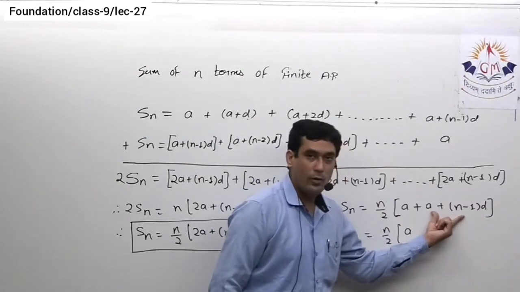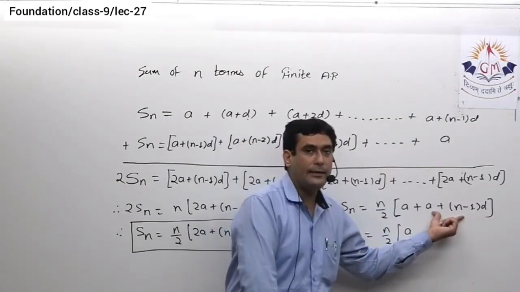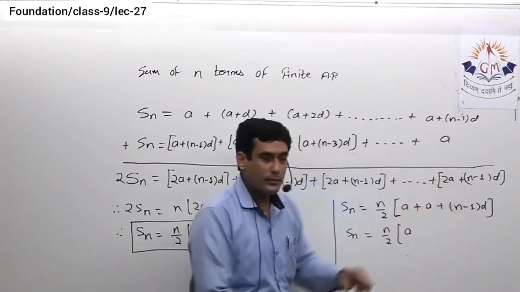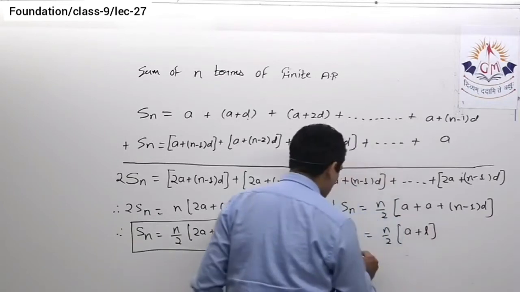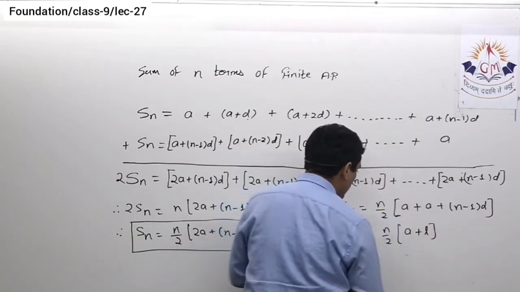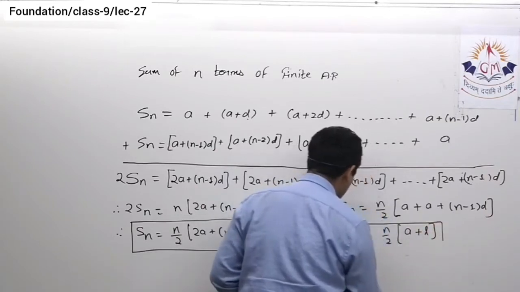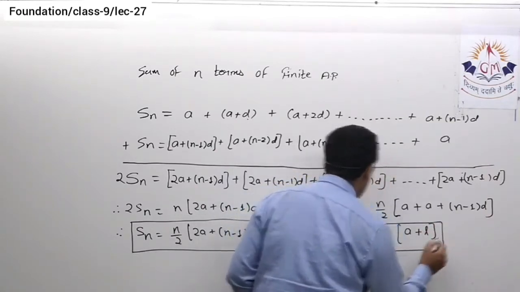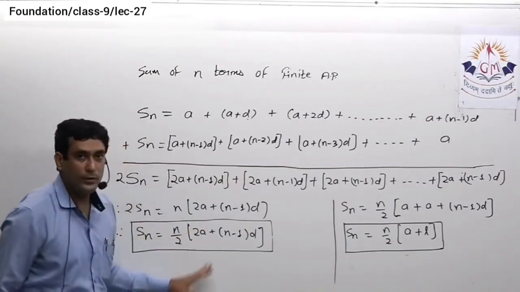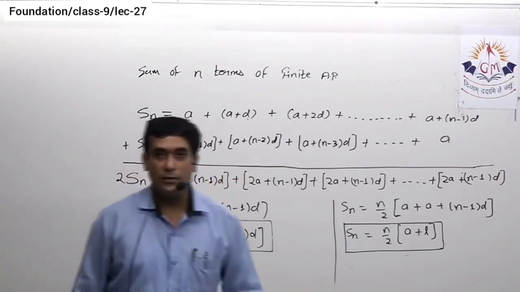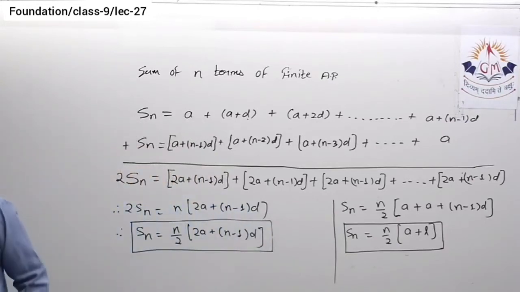As the AP has exactly n terms, the nth term will be the last term, so I can replace this by L. So this is also a formula: Sn is equal to n by 2 into A plus L. When the last term is given, we will use this formula. If the last term is not given, then we will use the earlier formula. So please note it down, then we will see questions based on these formulas.